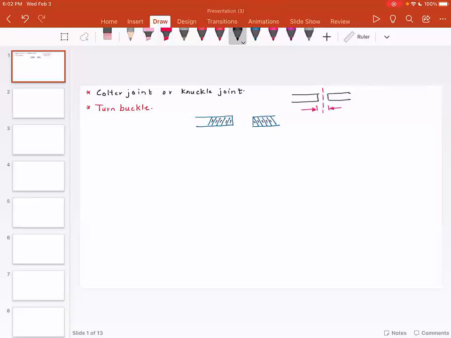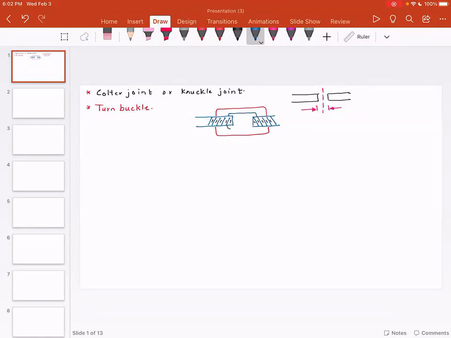So what it means is if you turn or rotate one screw, depending upon whether it is clockwise or counterclockwise, whether it is right hand or left hand, either the screw will advance or the screw will retract. And what we have is on top of it, you have something like this.